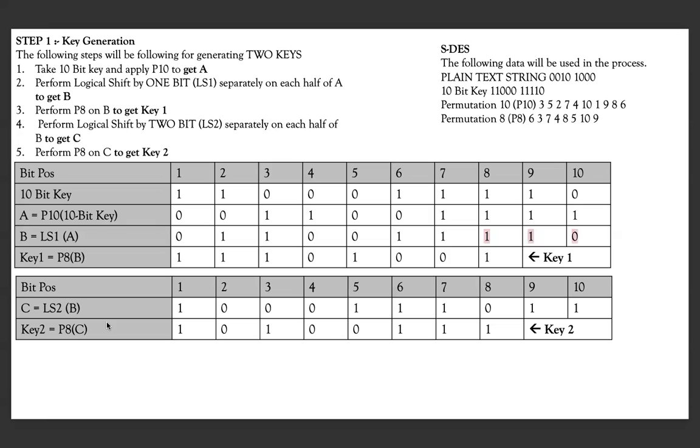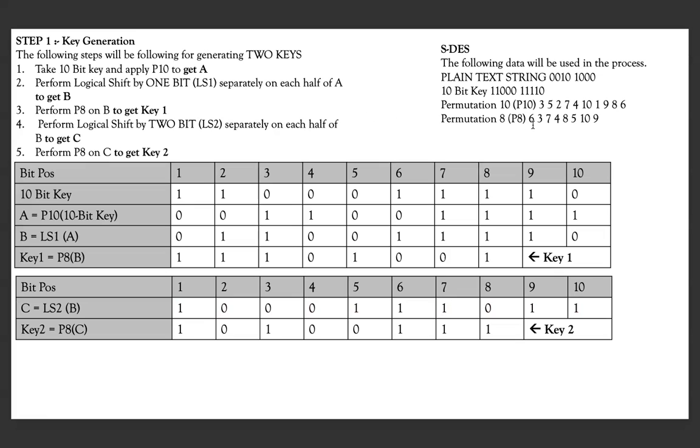So after performing LS2 on both halves, when written together, this will be my sequence of 8 bits, right? And this will be known as C in this particular example, okay? After performing LS2, the next step is we perform P8, which is permutation 8, on C, which is this. And after that, the result will be my second key.